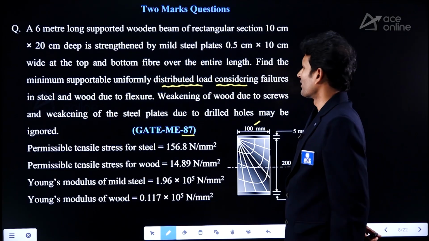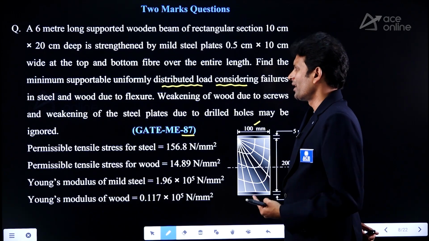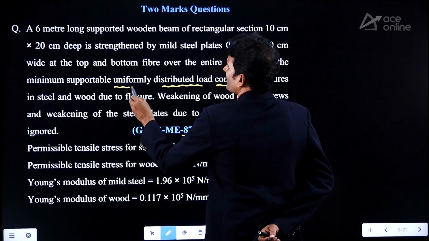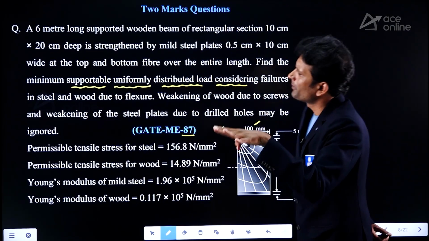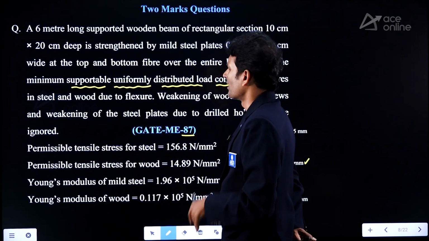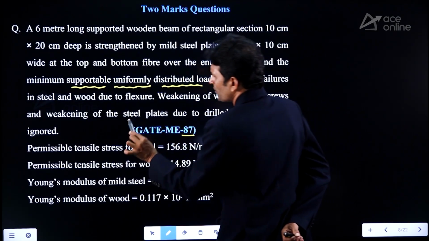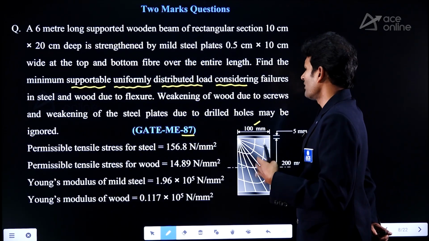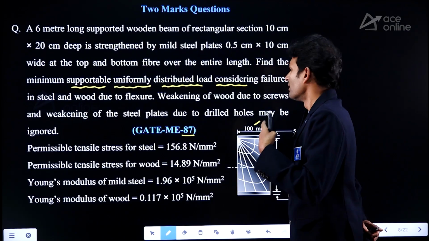Very interesting question. By taking the failure in terms of steel as well as wooden, we need to find out the supportable uniformly distributed load on that particular beam. Minimum UDL we need to find out. Weakening of wood due to the screws while making the attachment, composite beams also called a flitchment.